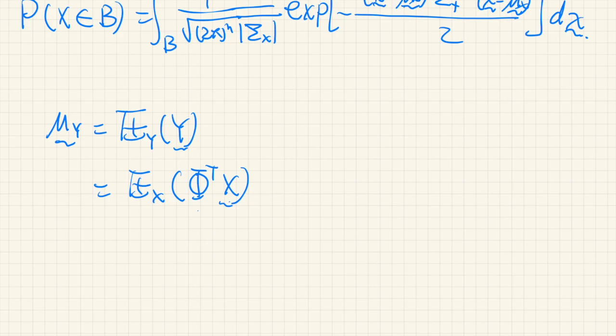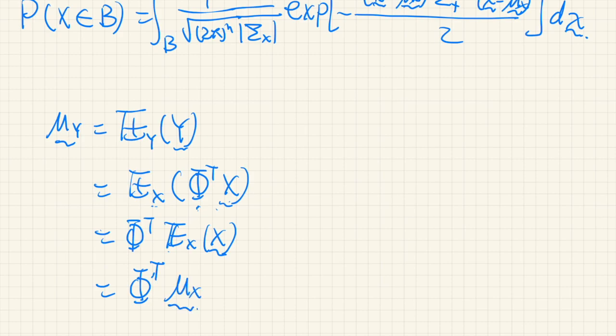And now we calculate this expectation by using the density of x. But since this is a linear transformation and the operation of taking expectation value is a linear operation, we can take this phi outside the expectation. And therefore, this is by the given condition, mu x. So this phi transpose times mu x is the expectation value of y.